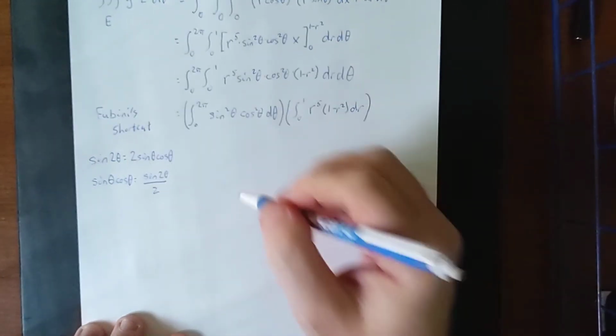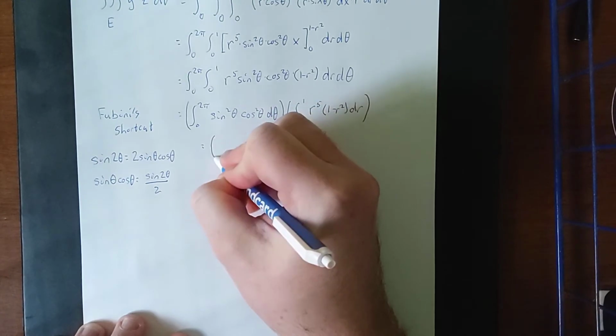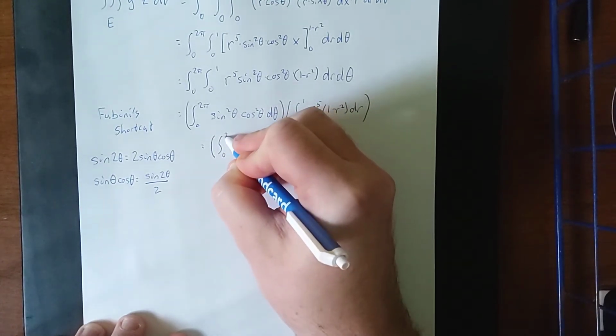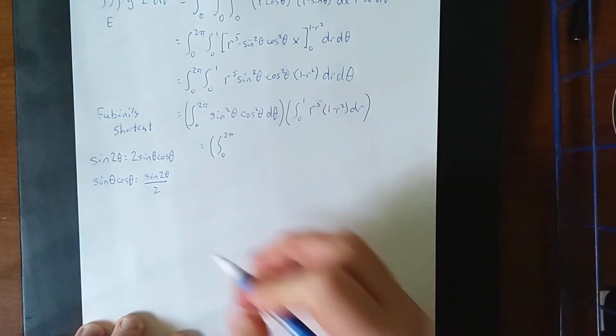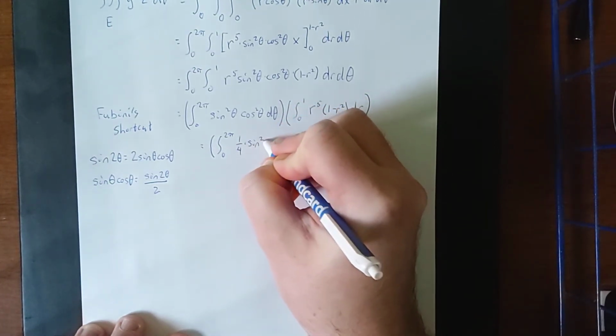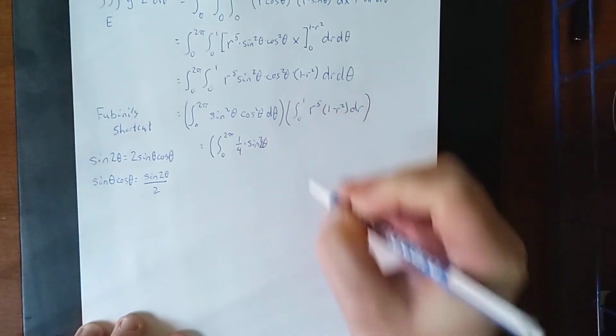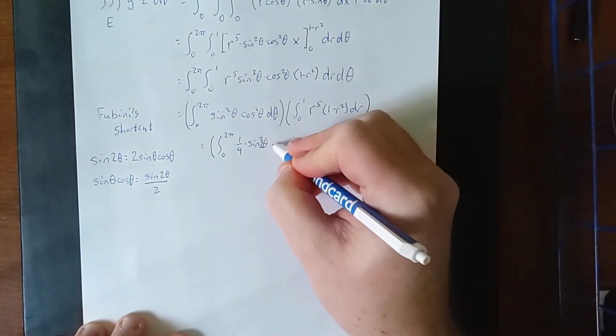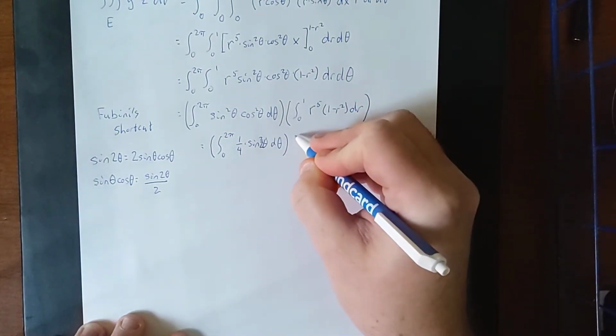Squaring that will give us what we need here. So this will still be the definite integral from 0 to 2 pi. When I square this, I am going to get 1/4 times the sine squared of 2 theta. That looks terrible. I will fix that in the next step.